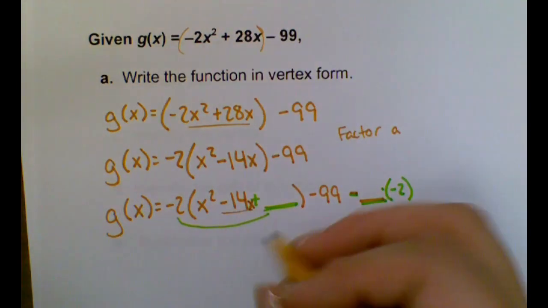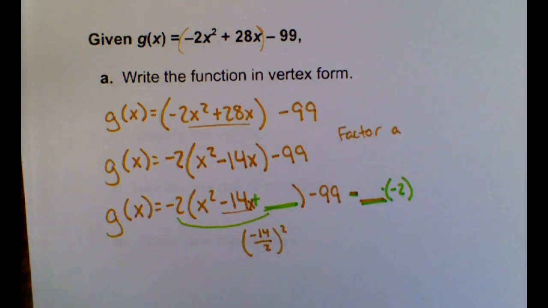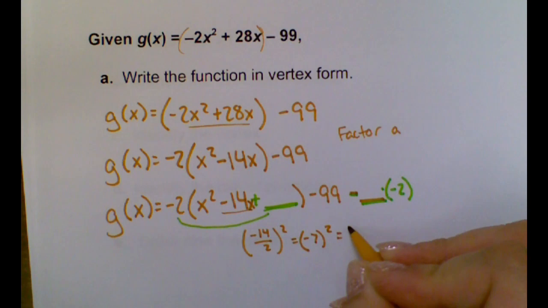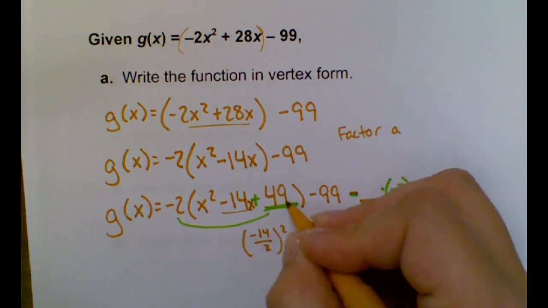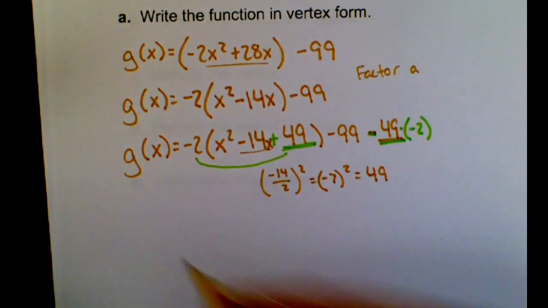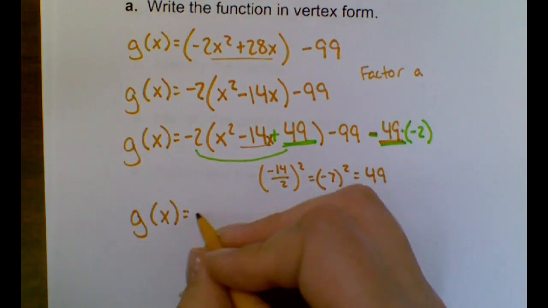Our b value is negative 14. We divide it by 2 and square it. Negative 14 divided by 2 is negative 7, and negative 7 squared is 49. 49 is what we're adding and also subtracting. So then, g of x still has that negative 2 in the front.